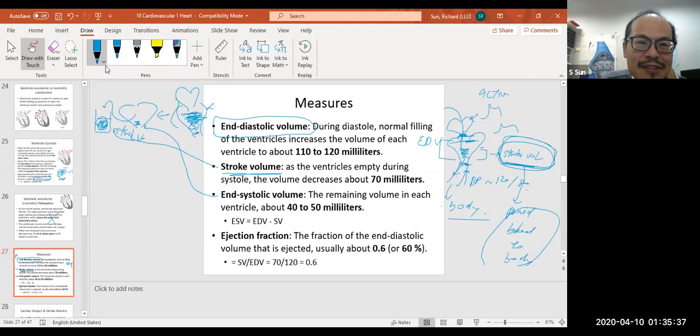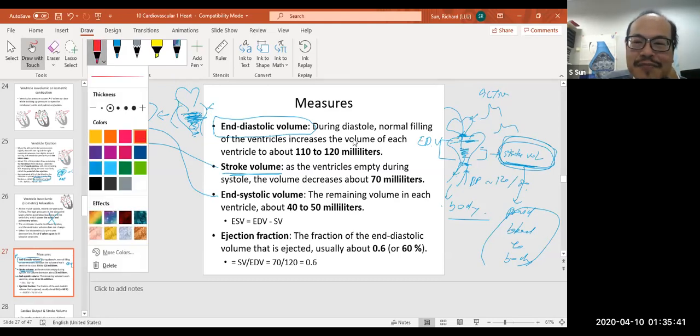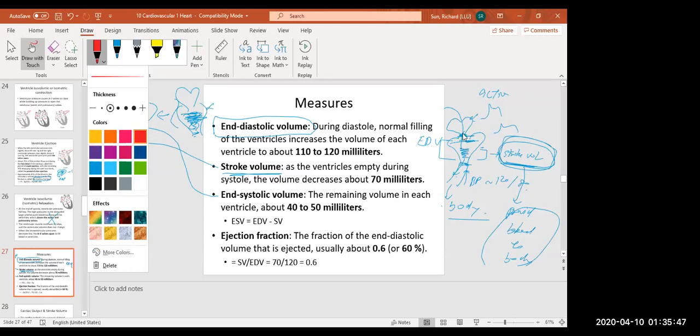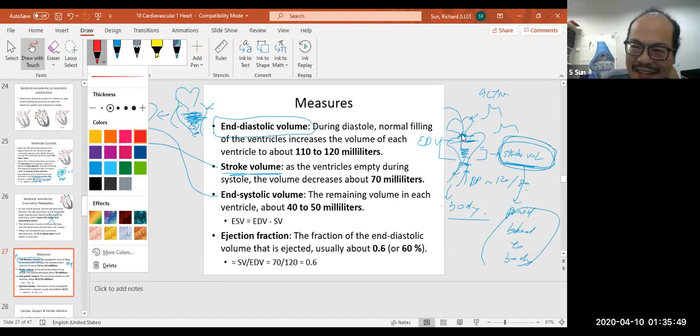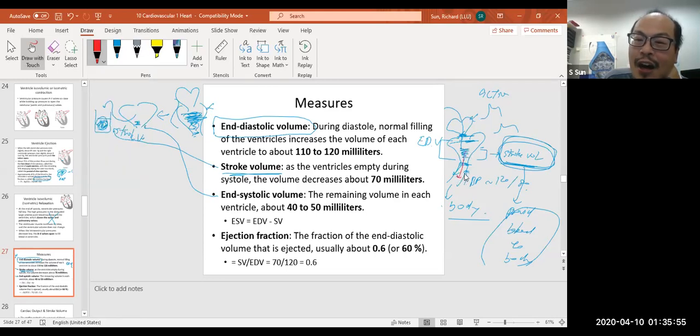If not, that means it's a pathological condition. So this one is supposed to close, and then blood has only one outlet to go into the body.